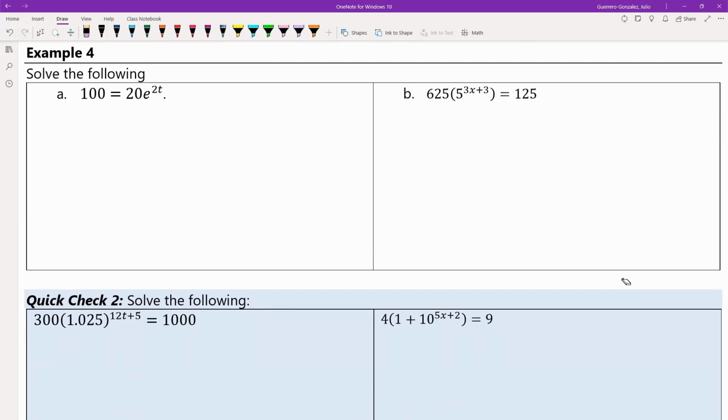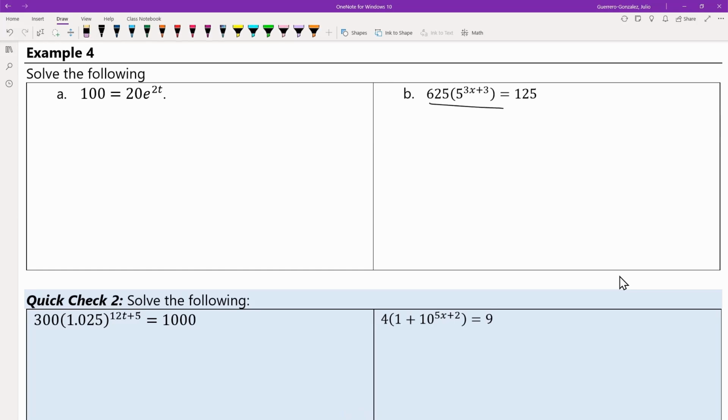So the rules that you remember back from algebra 1 still work here, right? So the idea to solve part B, I want this by itself somehow, okay? There's a multiplication in between, so I'm going to grab that multiplication and eliminate it.